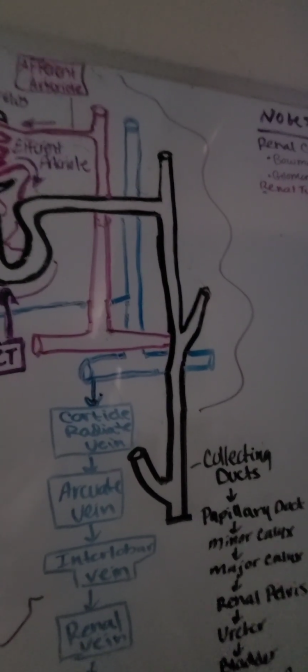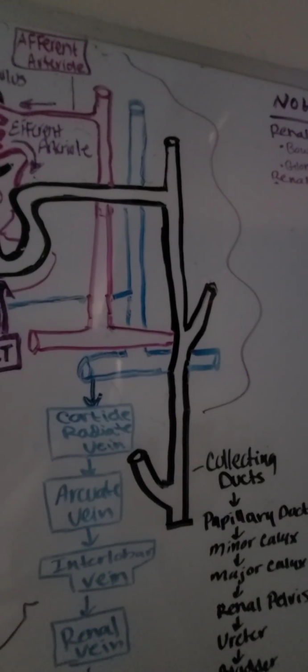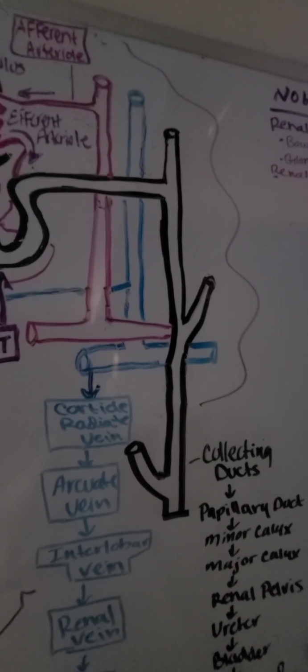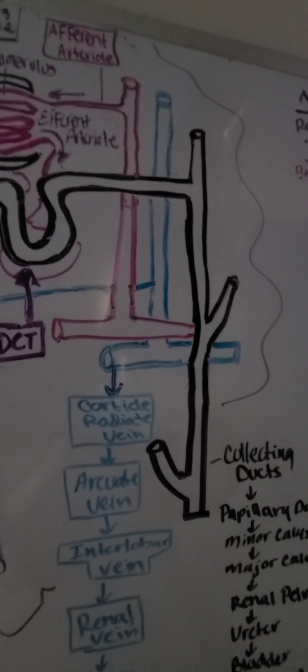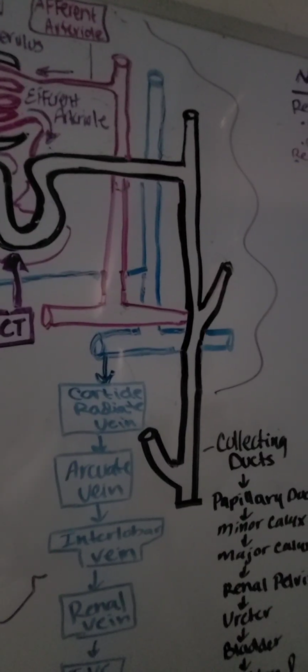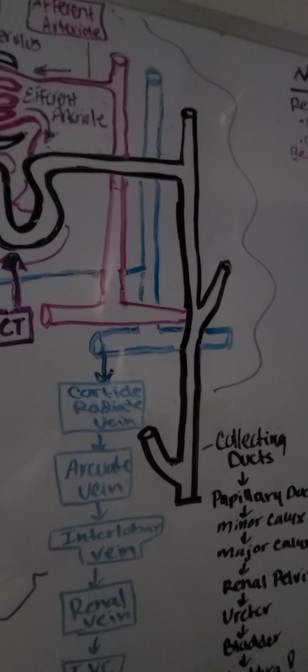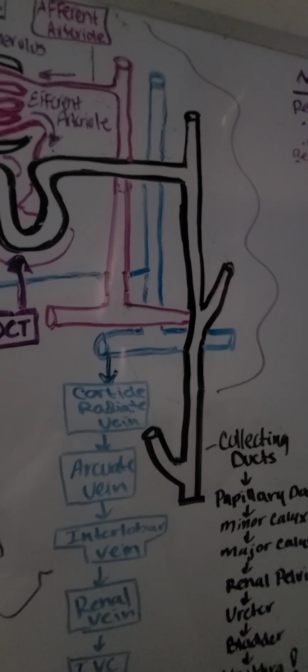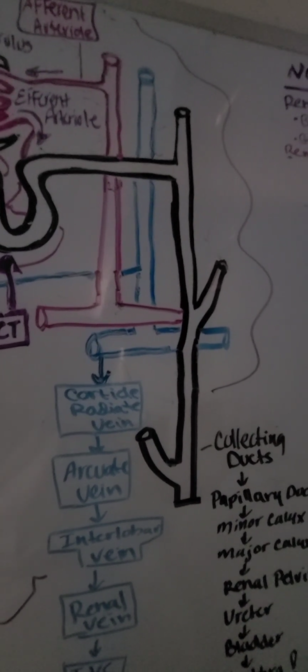And this concentrates the urine even further. And then when ADH is low, the ducts stay less permeable and more water is eliminated, producing dilute urine.